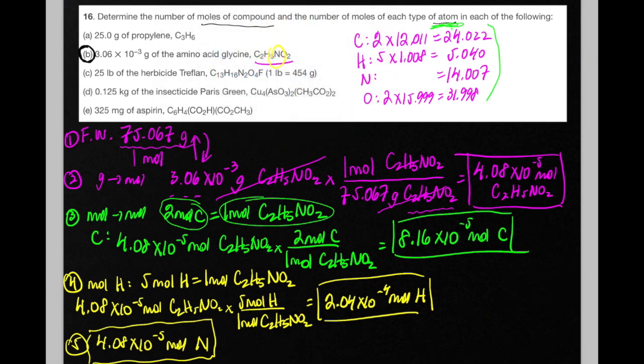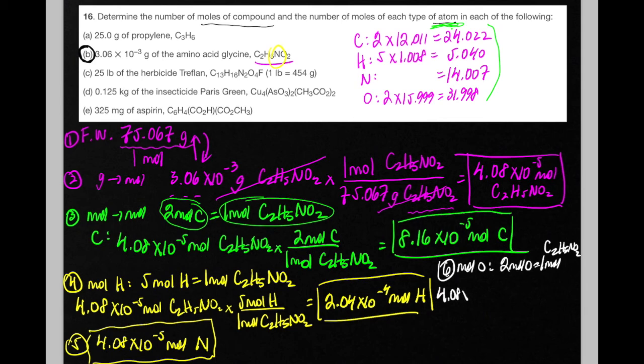Now for oxygen, we have a subscript of 2. So to calculate moles of oxygen, we need to realize that there's 2 moles of oxygen per 1 mole of this C2H5NO2.